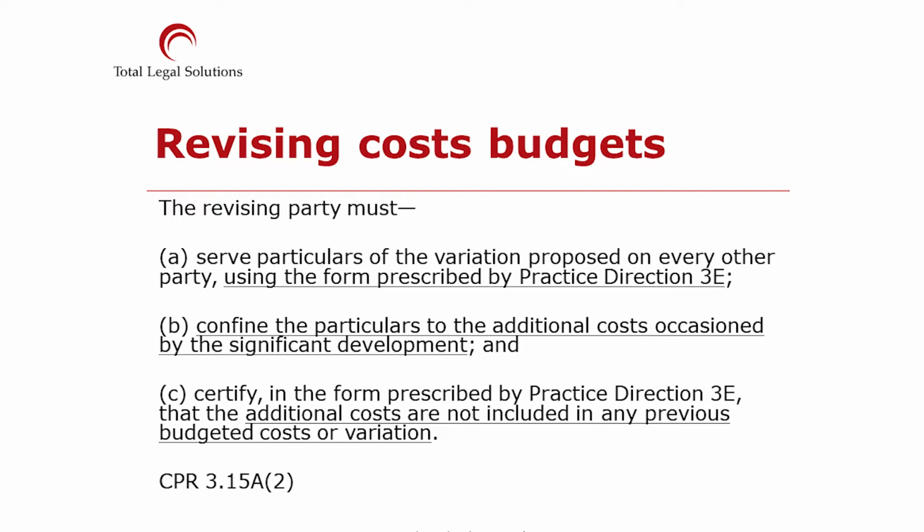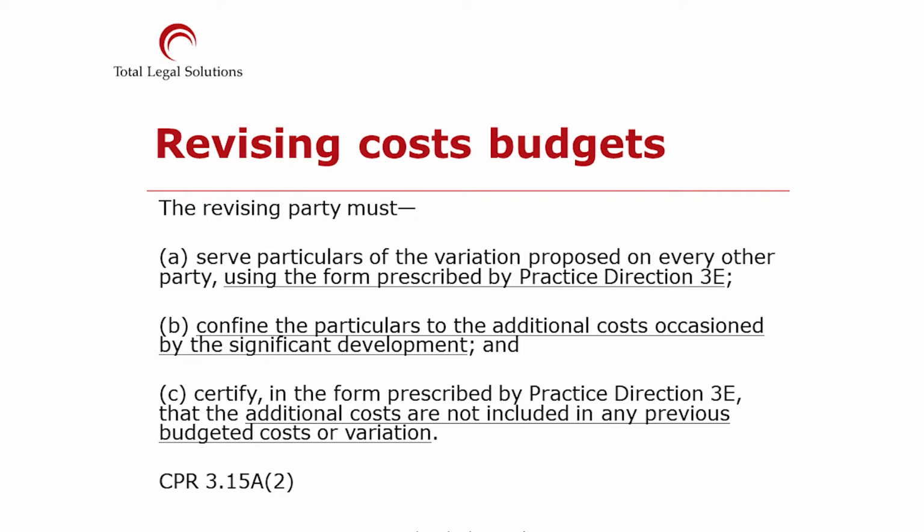The particulars of the additional costs which are being occasioned have to be confined to those occasioned by the significant development, and the party who is revising their budget has to certify, in the form again prescribed by the practice direction, that the revisions aren't included in any previous budgeted costs or any previous variations.